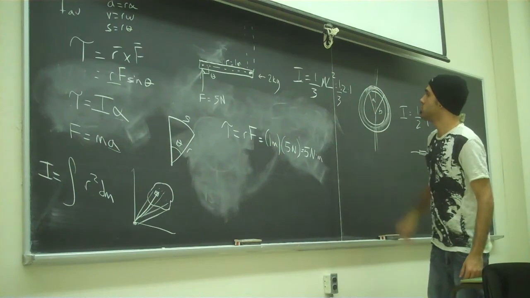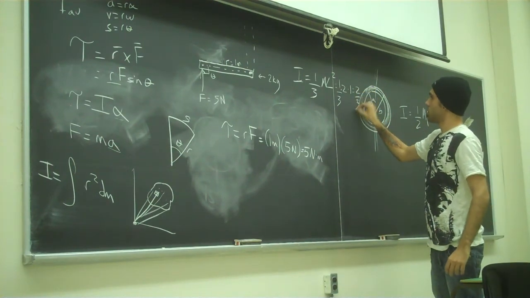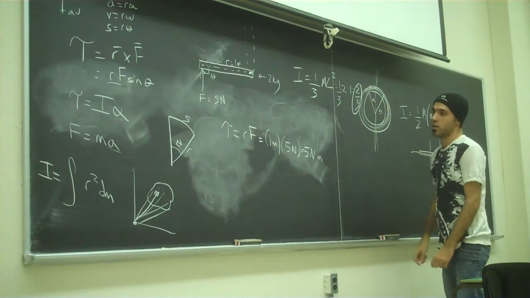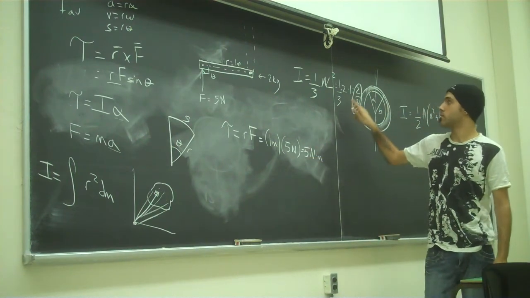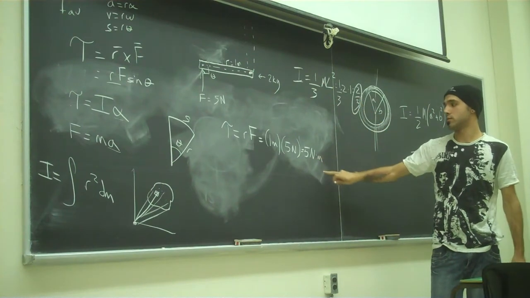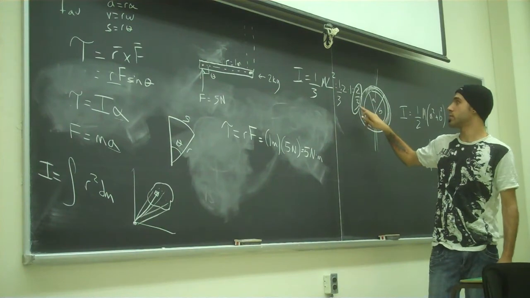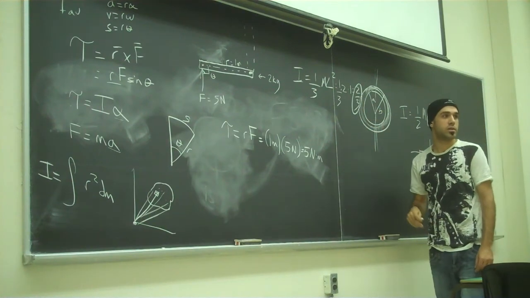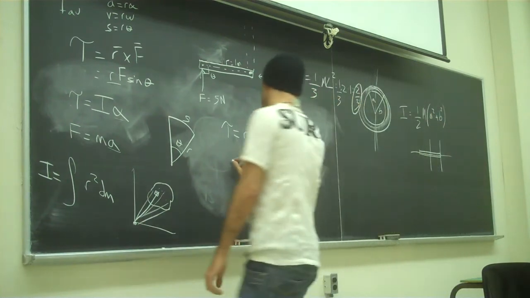So the moment of inertia is 2/3. If I take my 5 newton meters and divide it by the moment of inertia, which is 2/3, I would get 15 over 2. Right? 15 over 2.